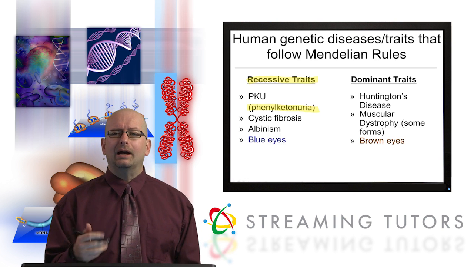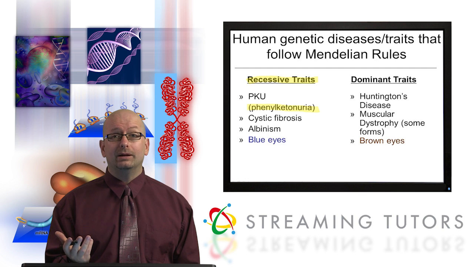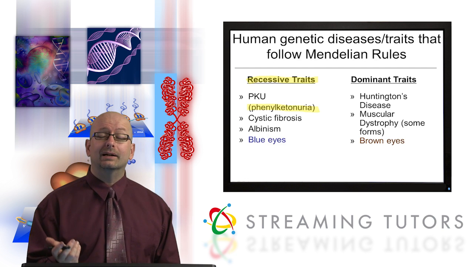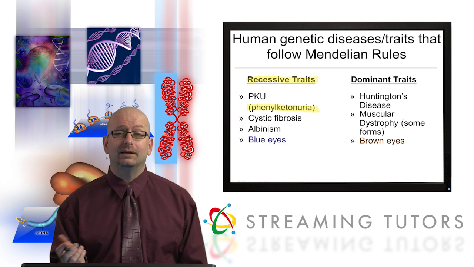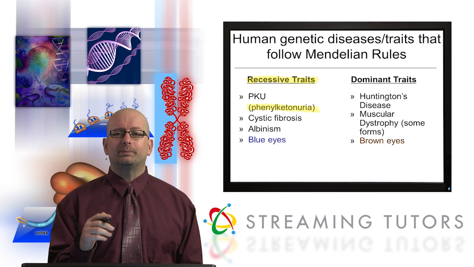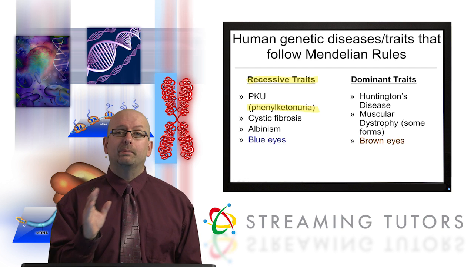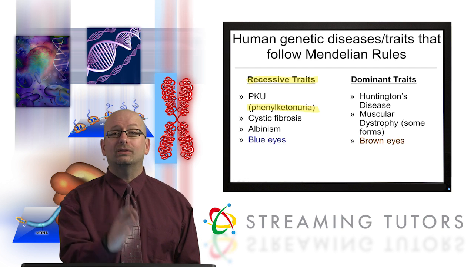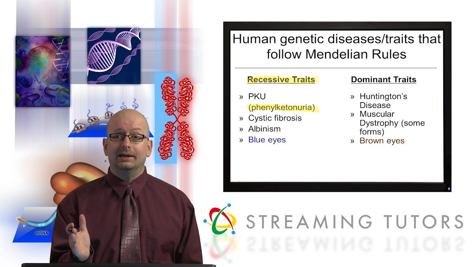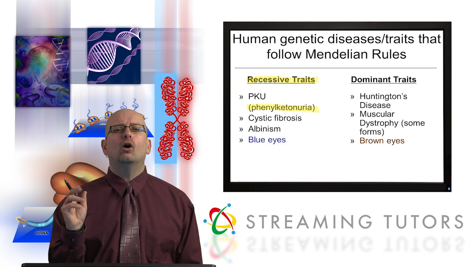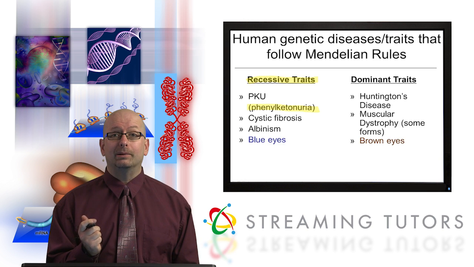It's not about this right now, but PKU has to do with an inability to metabolize the amino acid phenylalanine. And I just mention it because we're going to get to this much later, but genetics has to do with metabolism, obviously, and in this case, they used to call them inborn errors of metabolism.